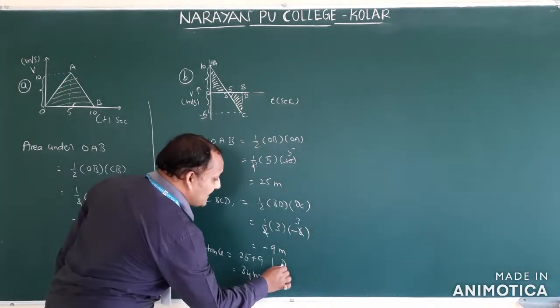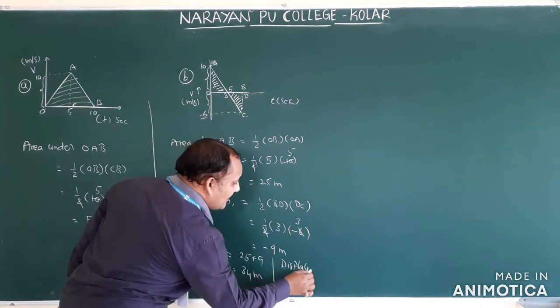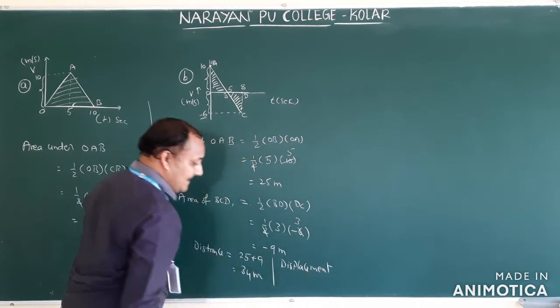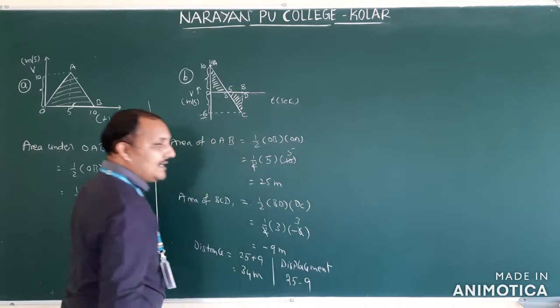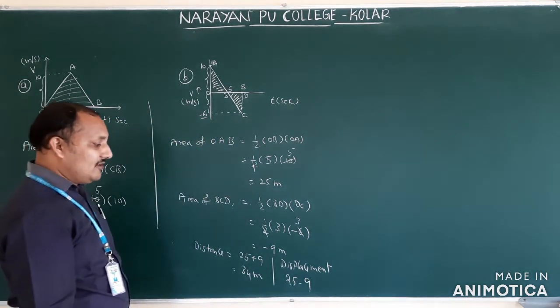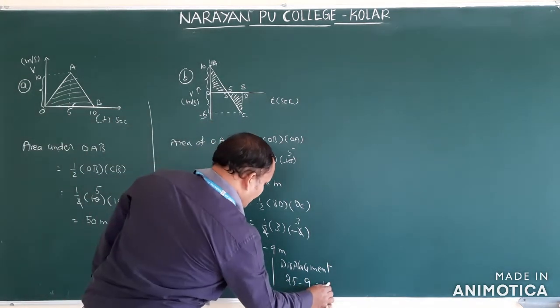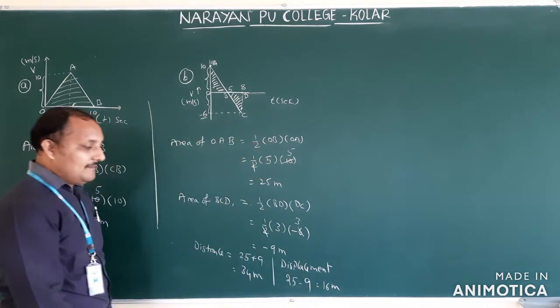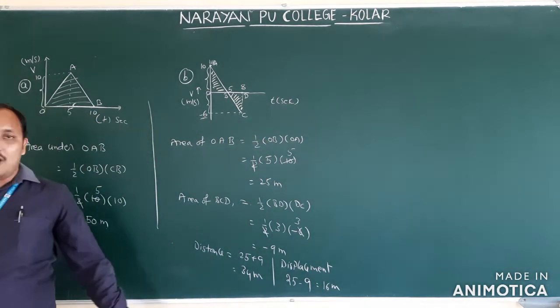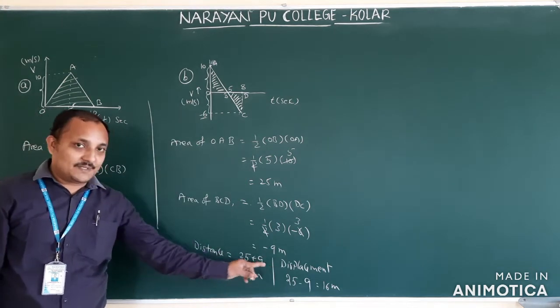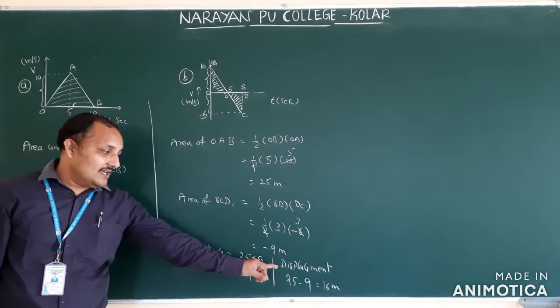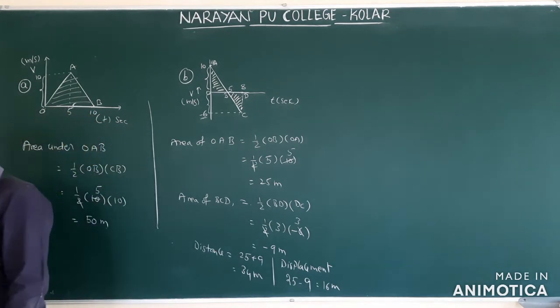If they ask for displacement, it is 25 minus 9, which is 16 meters. Understood? Whenever negative is coming, you should be careful with distance and displacement. Distance won't be negative, always you have to add. Displacement means you have to subtract.